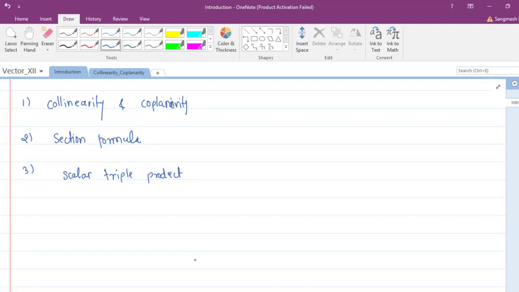And finally, the last section from this topic will be the application of vectors to geometry. Okay, so first we'll cover this collinearity and coplanarity.